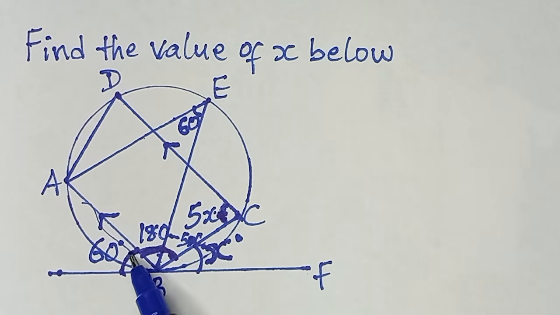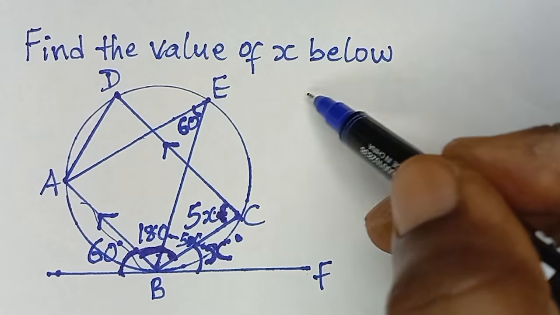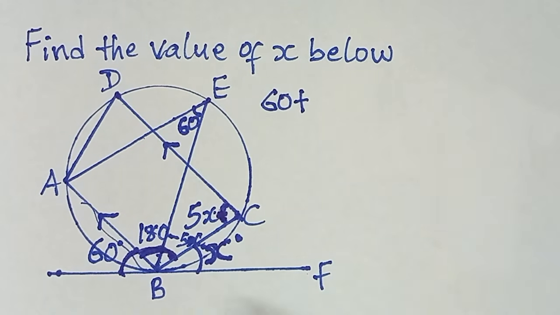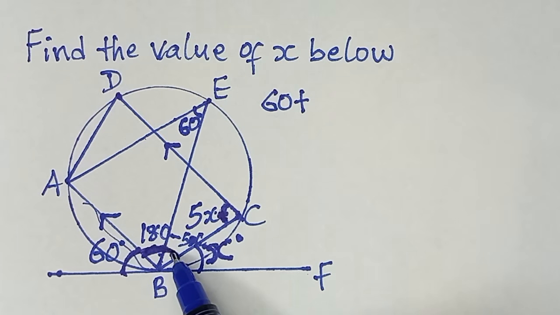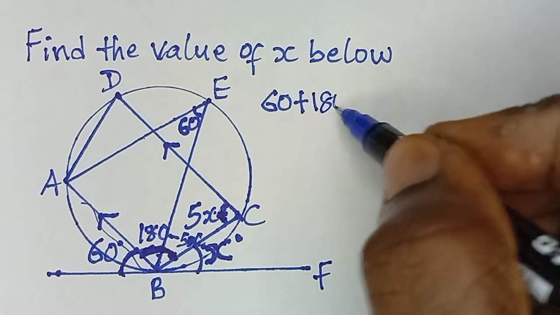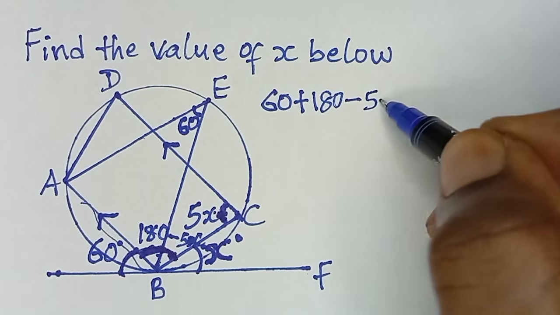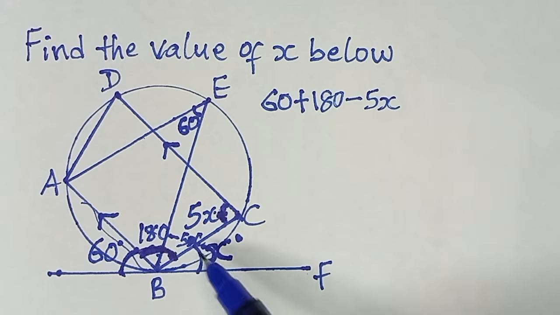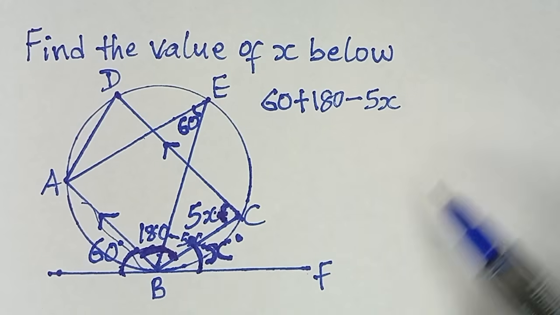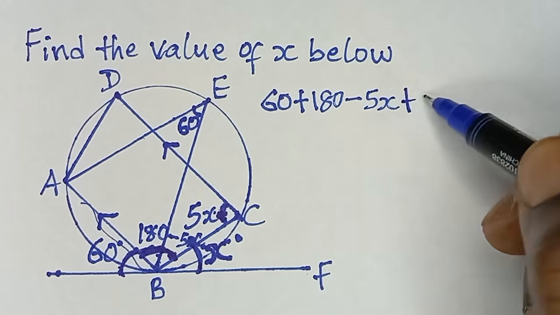So I'm going to take this angle 60. Let me write it here, angle 60, plus this second angle, which is 180 minus 5x, and then finally this third angle x. The three of them are the angles on the straight line. So plus x.